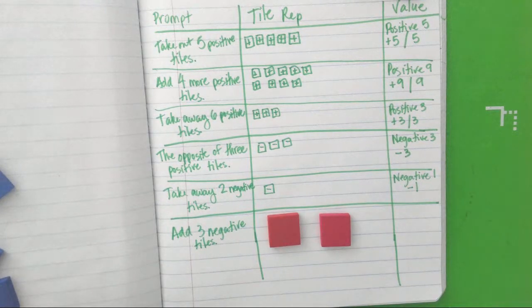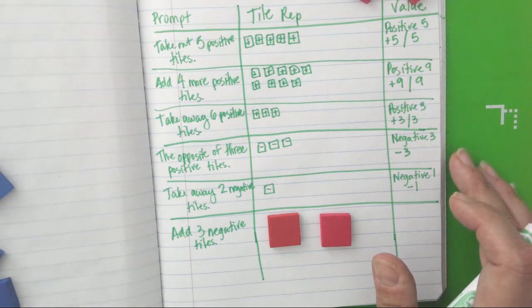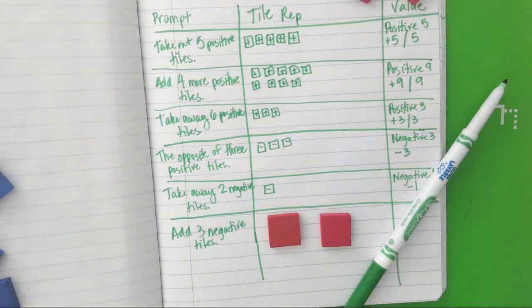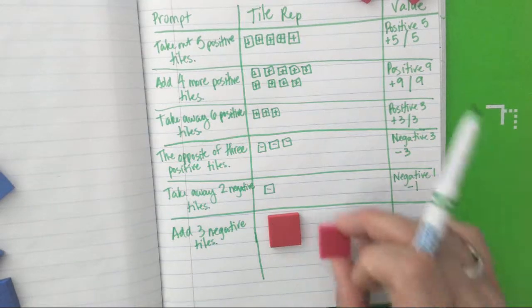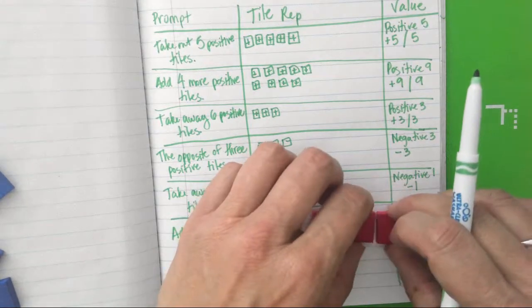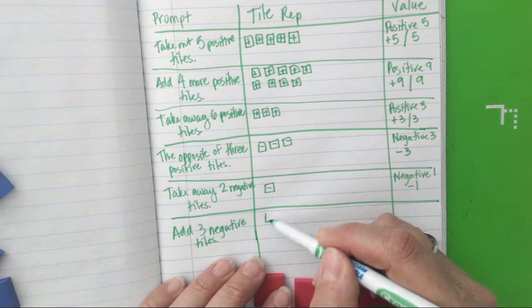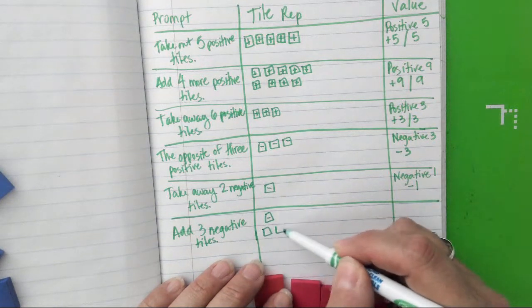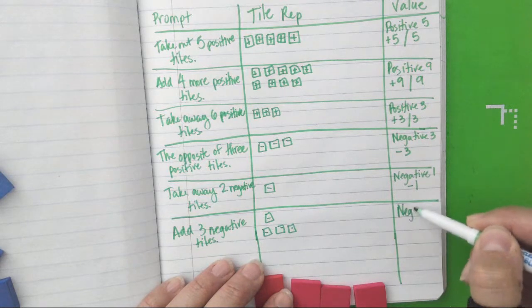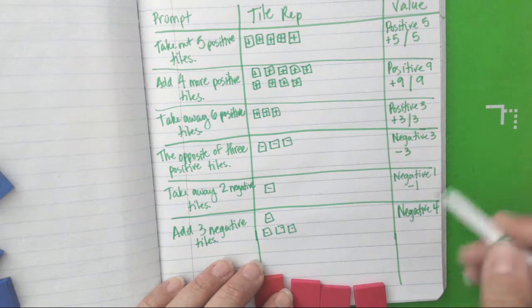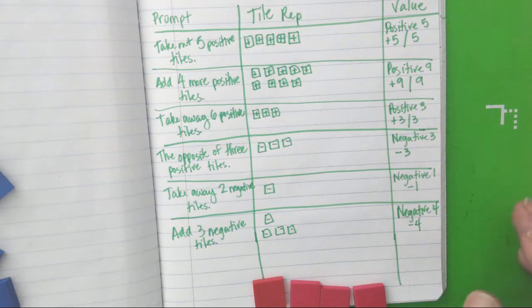So we had the 1, and we're going to add 3 more. So now what is my value? Good job. Negative 4, or -4.